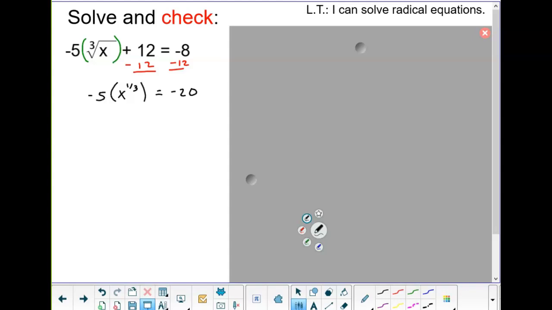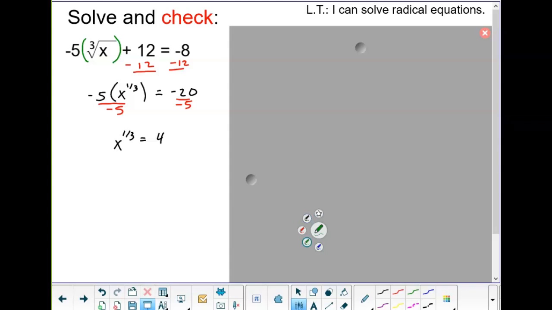But now I have to get rid of that -5. So we're going to divide by -5. And again, you don't have to show these red steps. It's just me showing you guys what would happen. Negative x to the 1/3 equals 4.